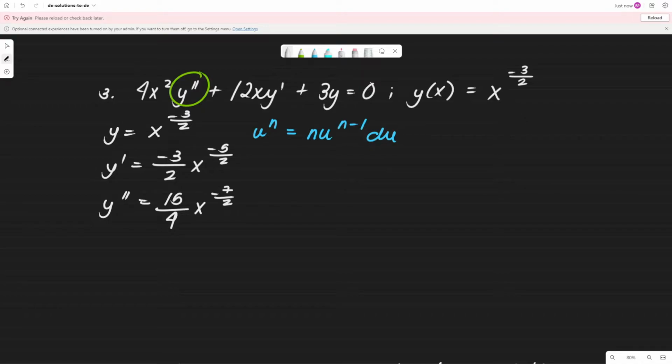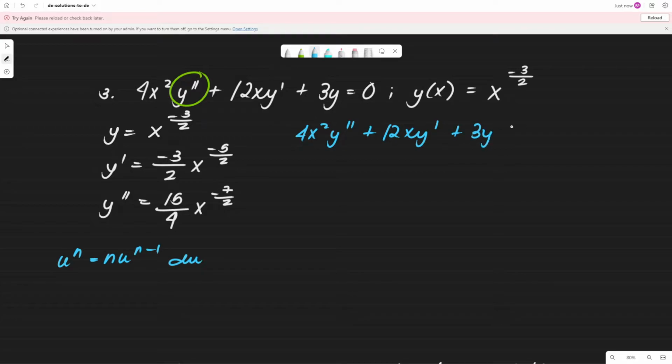So we have completed, then let us validate. So we have 4x squared y double prime plus 12xy prime plus 3y is equal to 0. Let me erase this one para magkasya. Then let us substitute.